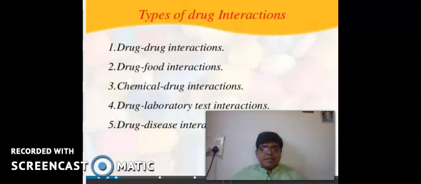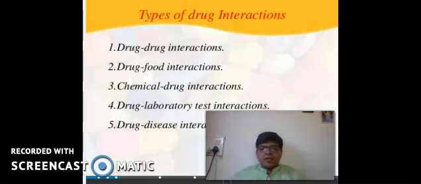Gastric emptying time also affects drug-food interaction. Many drugs we administer after food and some with an empty stomach.